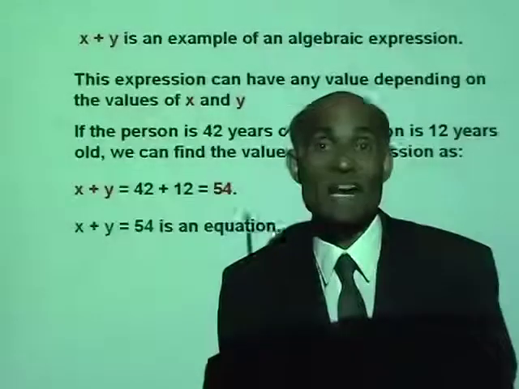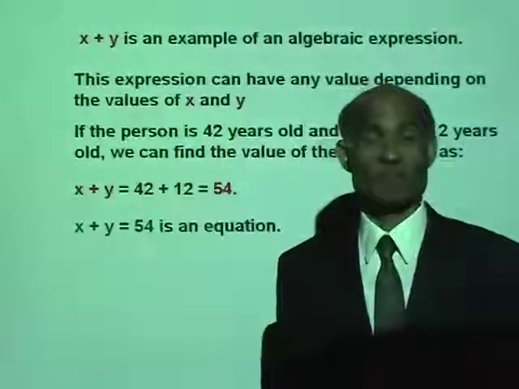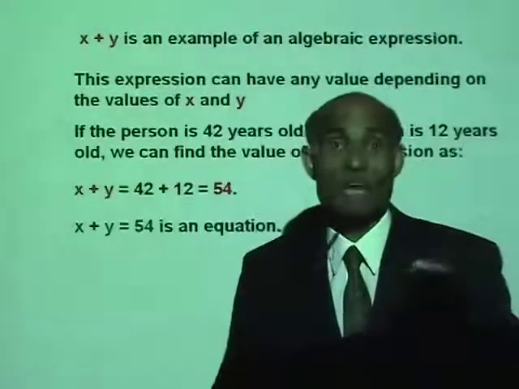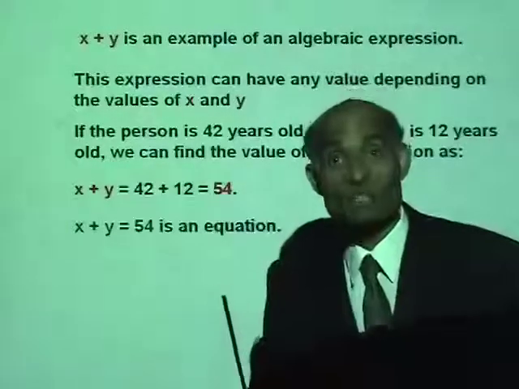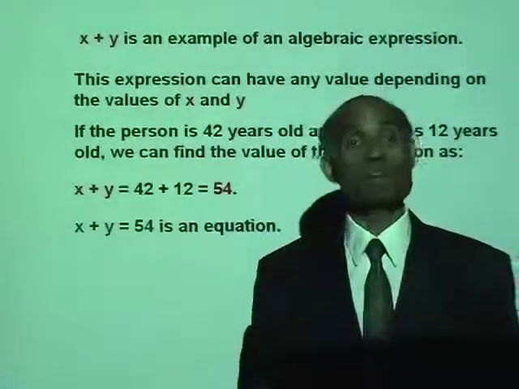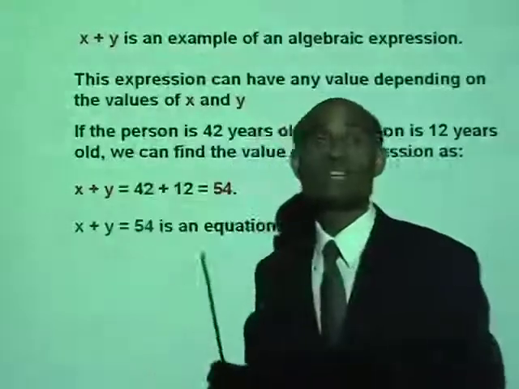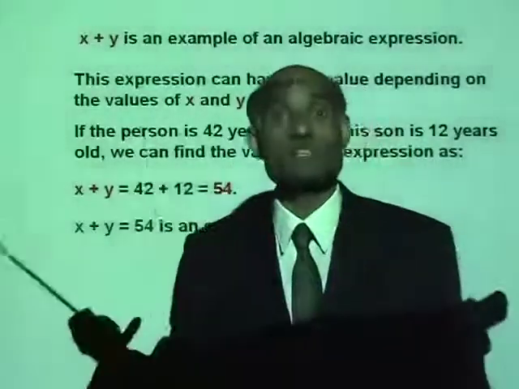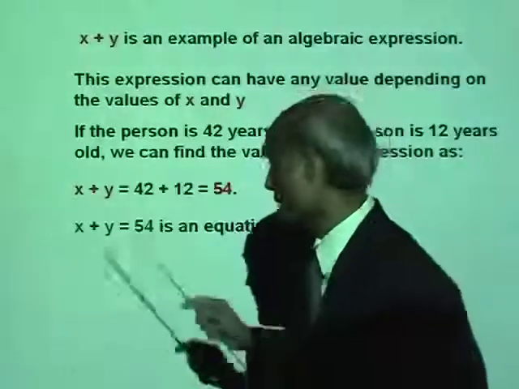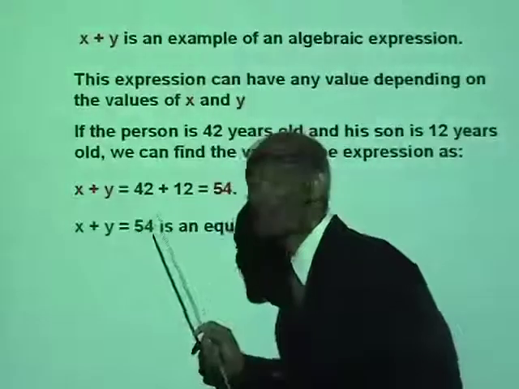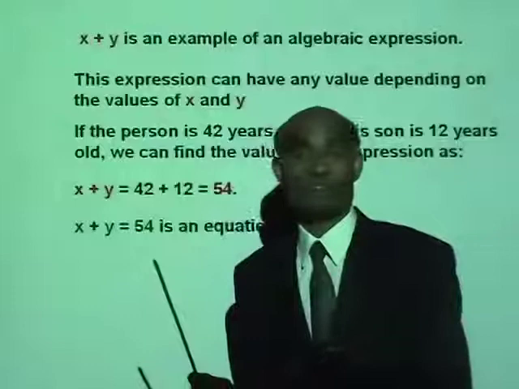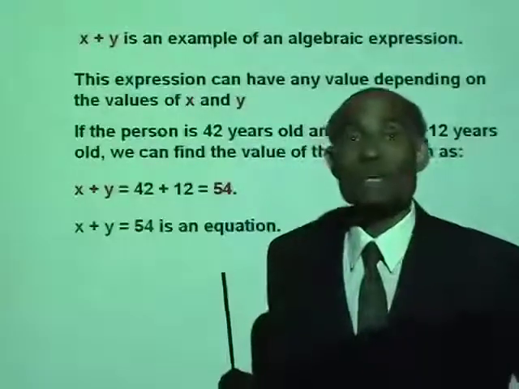Now, this is an equation. Now look at the difference between an algebraic expression and an algebraic equation. X plus y is an algebraic expression, but x plus y equal to 54 is an algebraic equation.